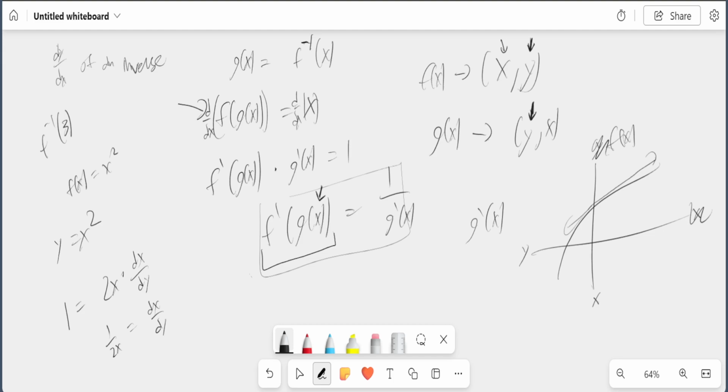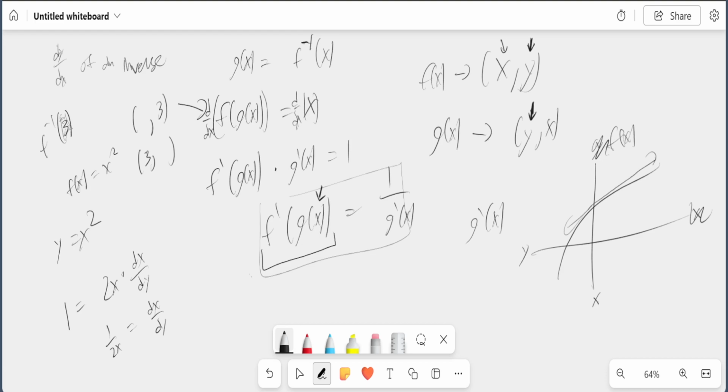How would we do this normally? If you plug in something into x squared, you get 3. In our inverse, you would plug in 3. So that's what we need to find.